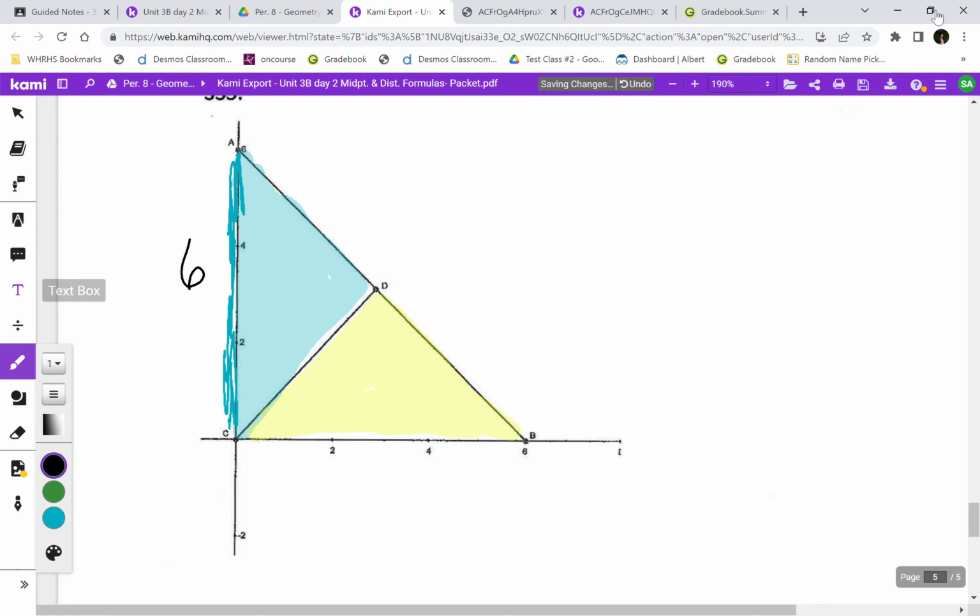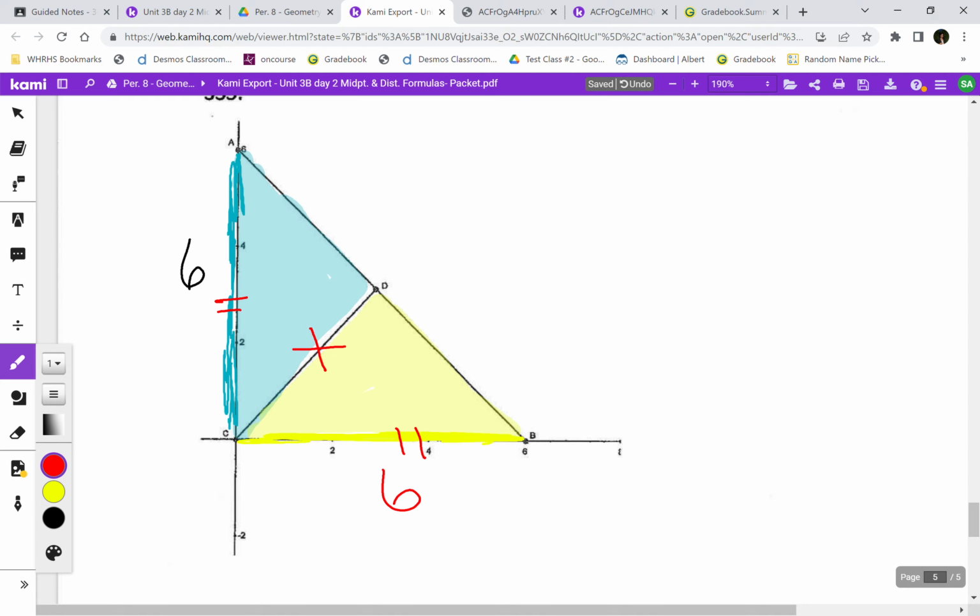All right, what about from C to B? How many units long is that? Another 6 units long. Well, can't we say CD is reflexive? So we got a side, we got another side, and CD is reflexive.